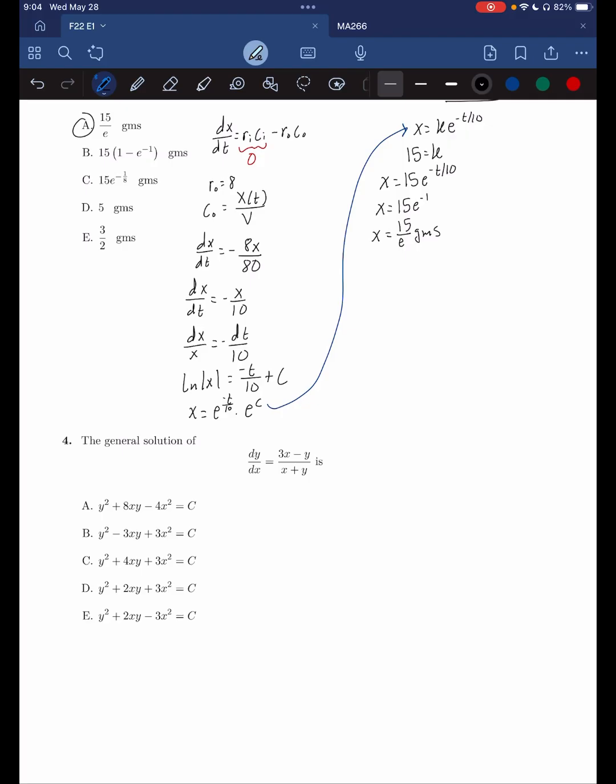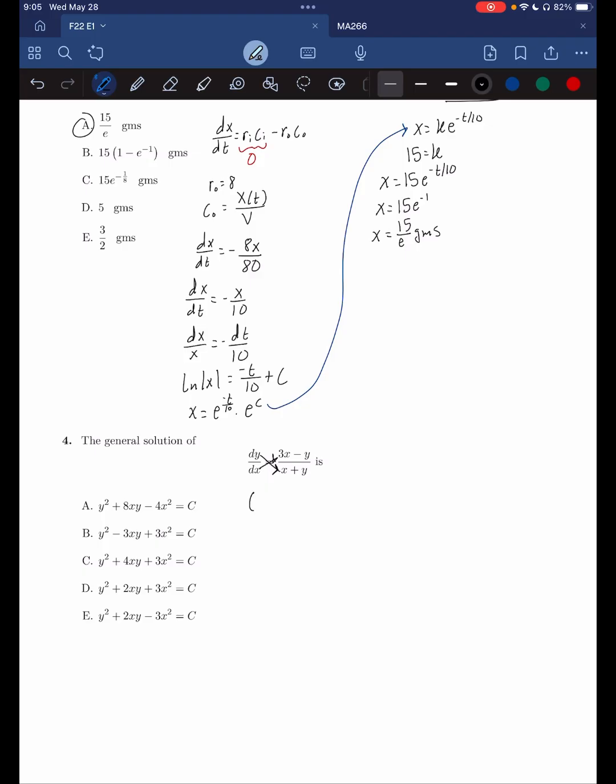And you might be thinking, how do I get into this exact form? Well, the best way is actually just to cross multiply. So you have 3x minus y dx. Oh, hold on, sorry.